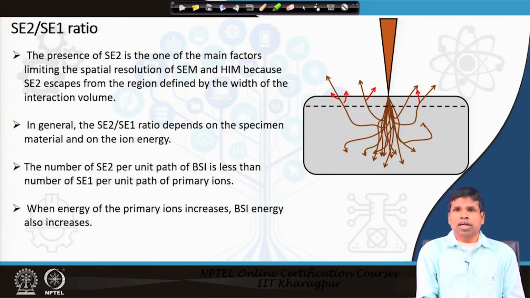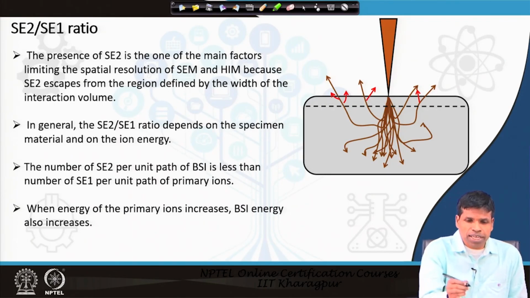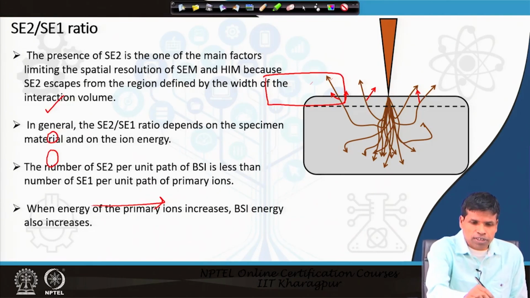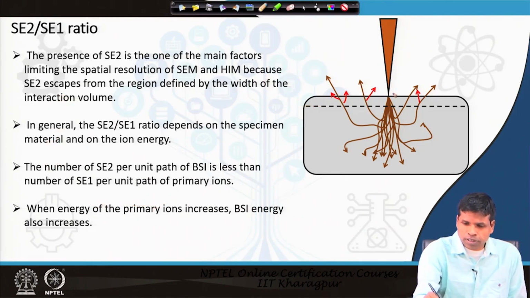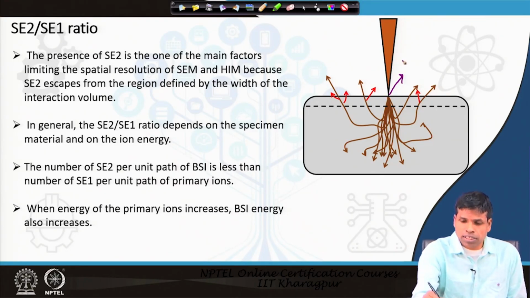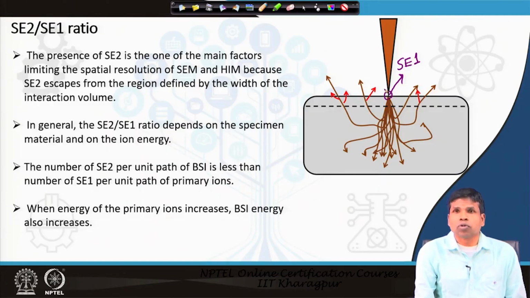Last lecture we discussed what is SC1 and what is SC2. Briefly again, SC1s are generated near the specimen, near the place where the incident beam, either electron or ion, strikes the specimen, and the signals or electrons generated from that place are called SC1.